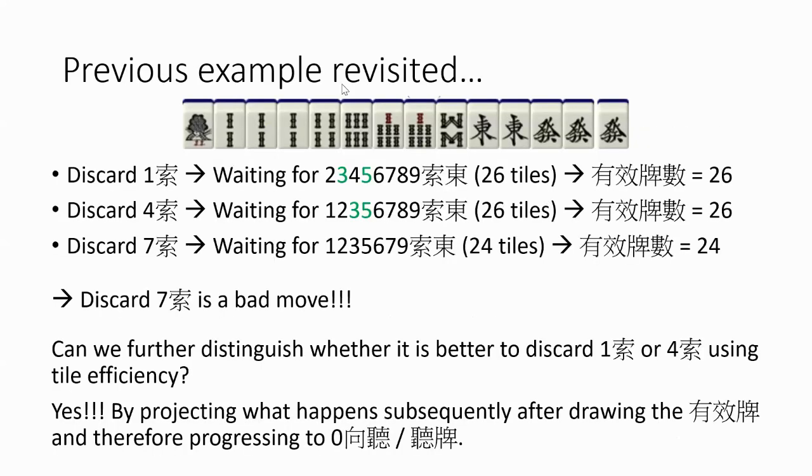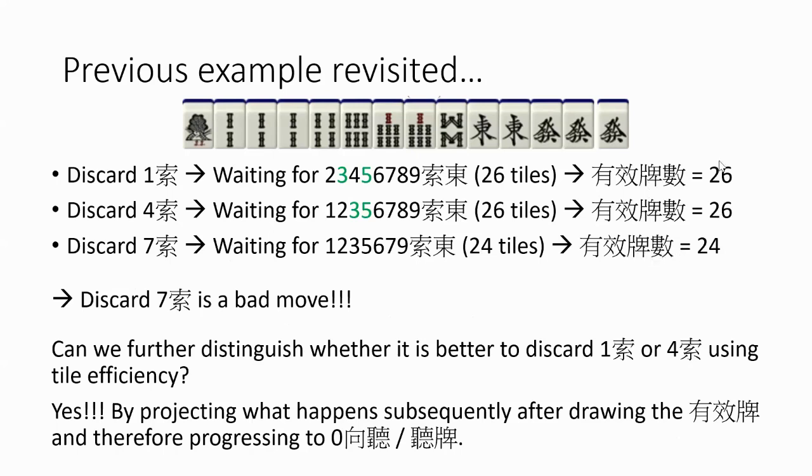In the previous example, we see that discarding 一索 and 四索 results in 26 有效牌數, okay? Now, let us consider what happens when we discard 七索. If we discard 七索, then essentially we will be very happy if we successfully draw 1, 2, 3, 5, 6, 7, 9 索 or a 東, okay? When you do the counting, you should see that there are altogether 24 tiles. So we have 24個有效牌數.